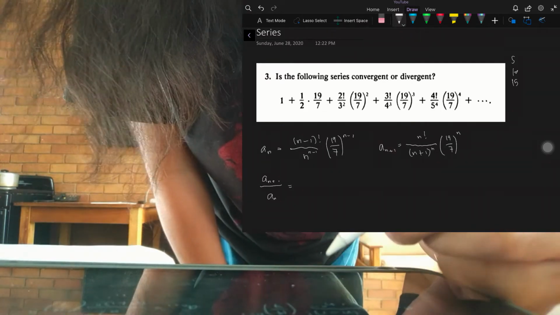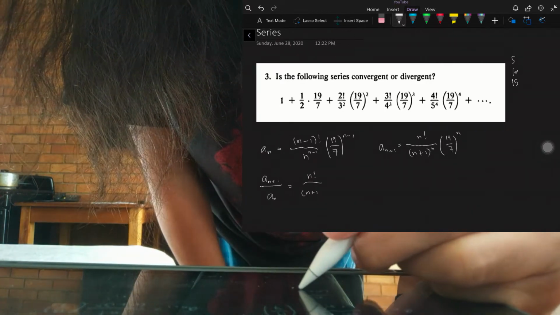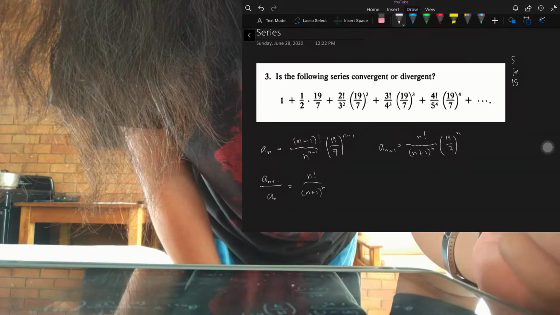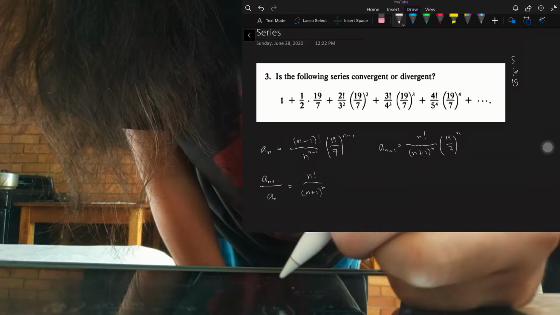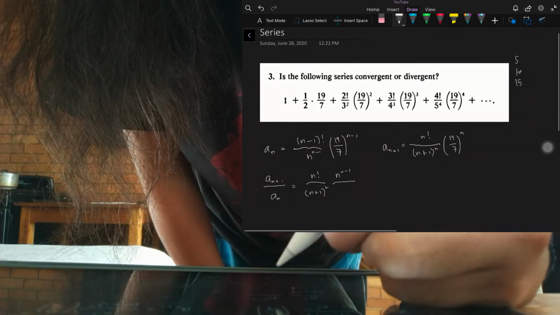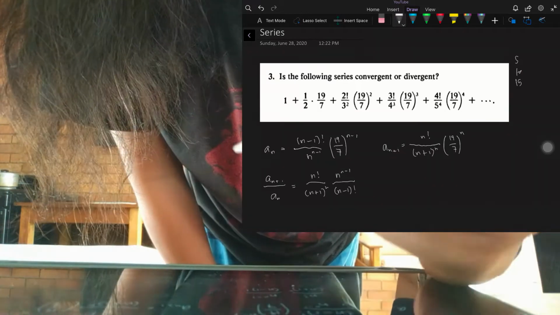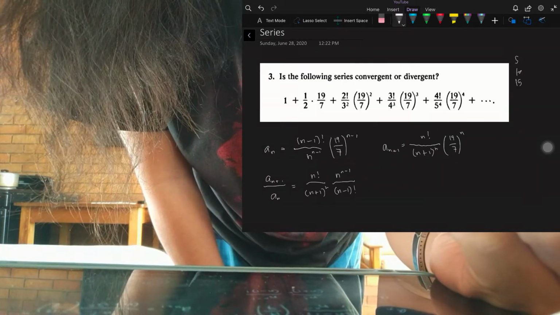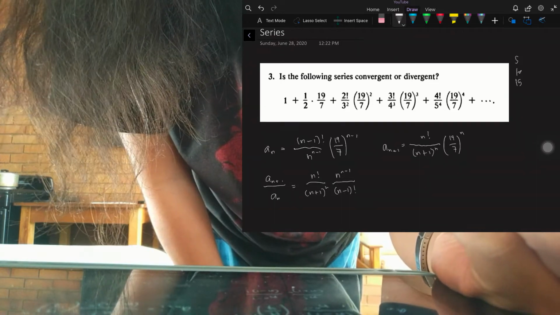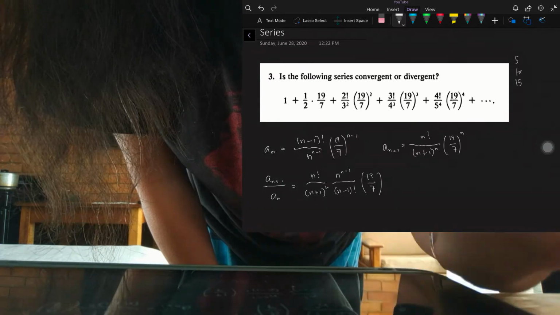Let's copy first the coefficients involving n to the n, and then you take the reciprocal, so you have n to the n minus 1 over n minus 1 factorial. Then you have 19 over 7 to the n divided by 19 over 7 to the n minus 1, which will just leave you with 19 over 7.